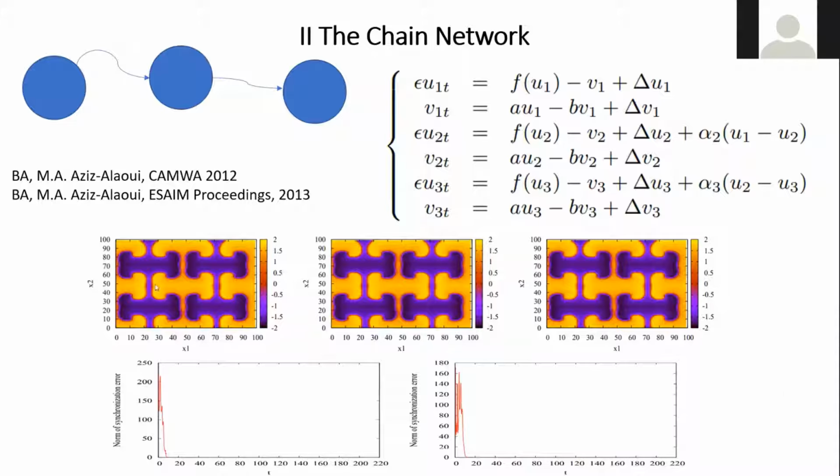The first node is the master of the network, and it will give the dynamics. All the other nodes will adopt the same dynamics as the first node.